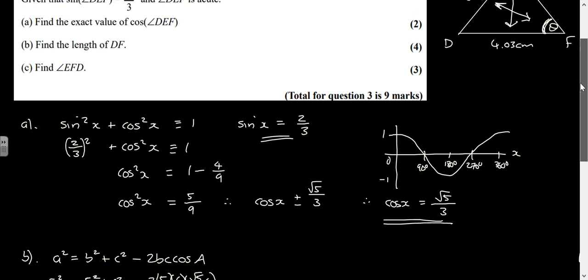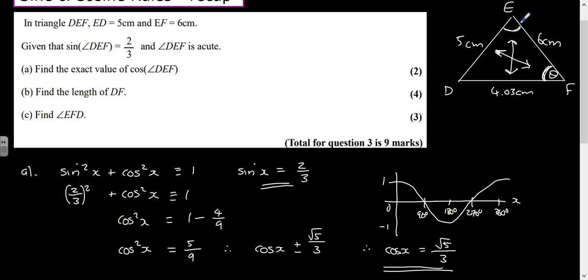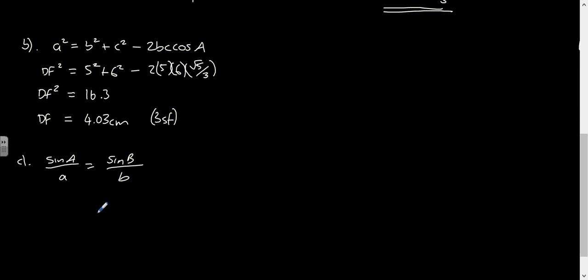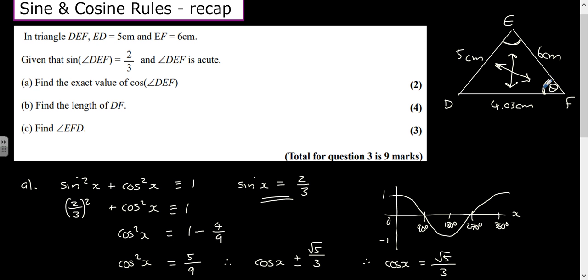So if we look at our sine x equals 2/3 from the initial question, that's what we're told about this angle, directly opposite 4.03. So we've got sine x over 4.03, so 2/3 divided by 4.03 equals sine B, which is theta in my one. That's what I'm trying to work out as my angle theta.